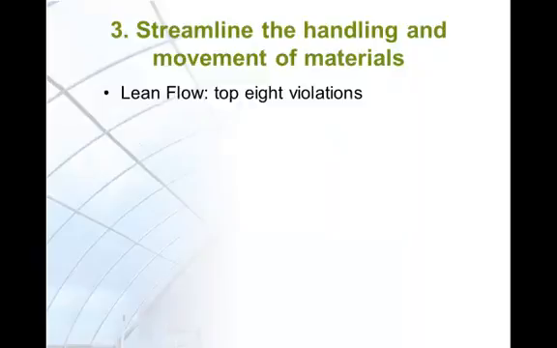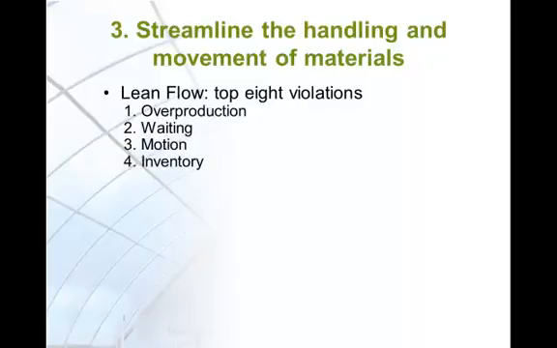Here is a list of the lean flow top 8 violations. Producing more than is needed or before it is needed. Time wasted on waiting. Unnecessary motions or movements by people. Keeping excess inventory that is not being processed. Unnecessary transportation of products and materials.